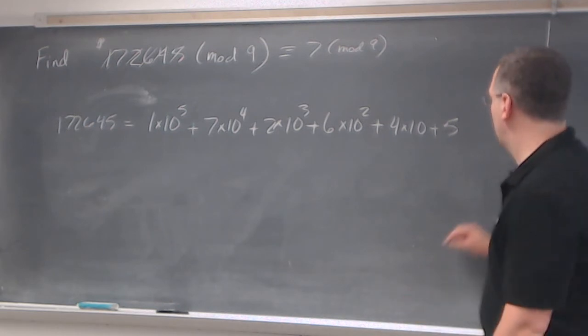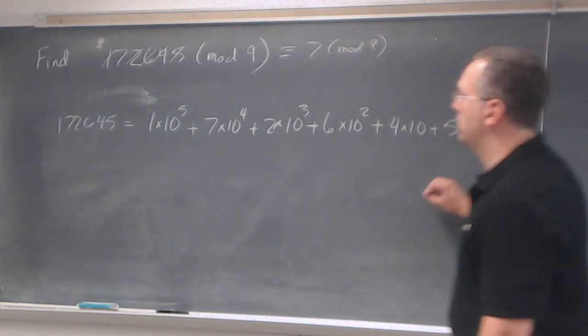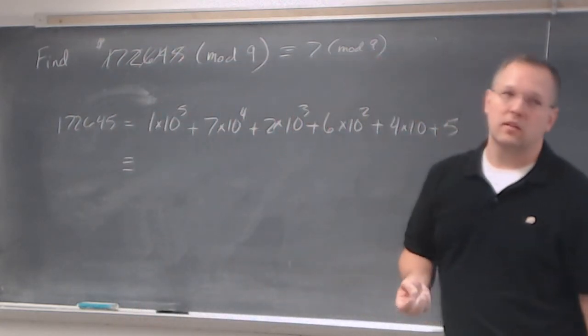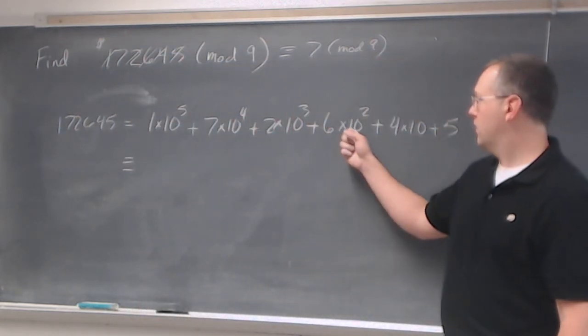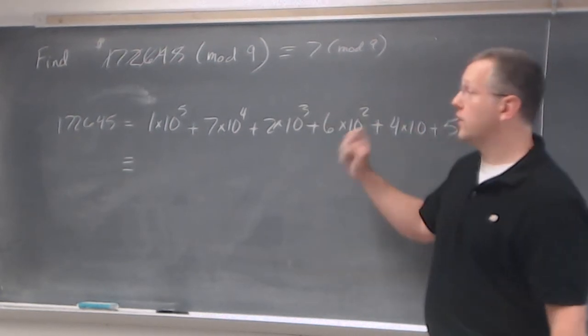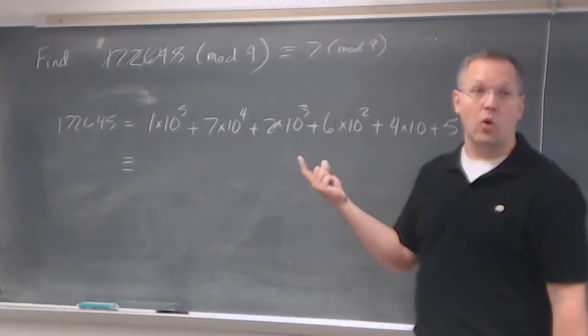So, if I'm going to reduce this mod 9, what should I replace 10 with? Mod 9, 1. So the reason why this works is because 10 is 1 mod 9.